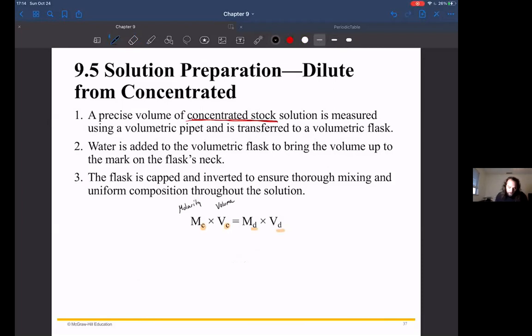So this is the molarity of the stock solution times the volume of the stock solution you use, equal to the molarity of the dilute solution times the total volume of the dilute solution. As long as we have 3 of these variables, we can find whichever the 4th one is that's missing.